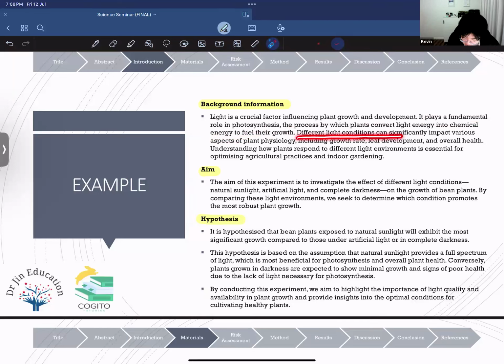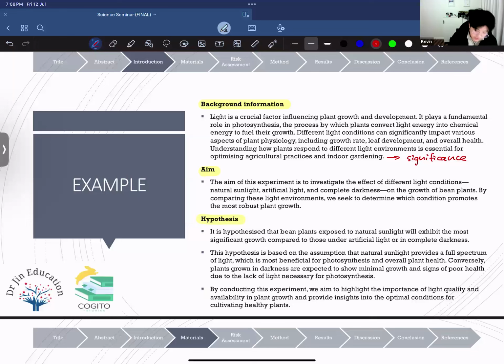Different light conditions can significantly impact various aspects of plant physiology, including growth rate, leaf development, and overall health. Understanding how plants respond to different light environments is essential for optimizing agricultural practices and indoor gardening. So can you see, even towards the end, it tells you the significance. This is the significance. Okay, it tells you why it's important.